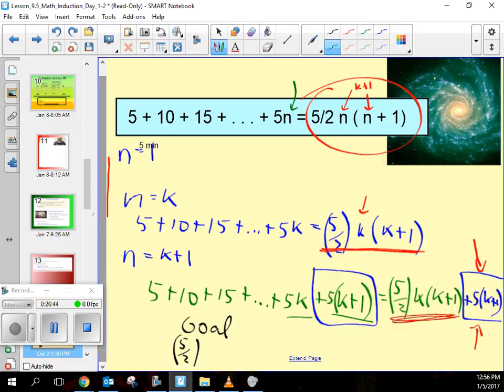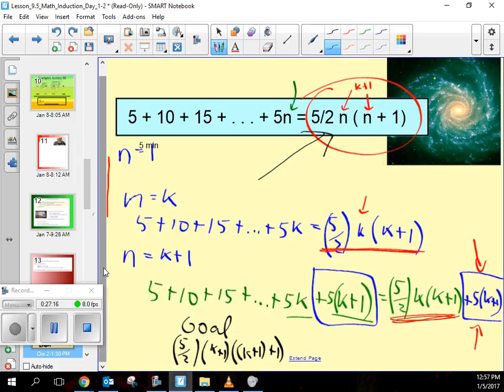I'm going to replace my n with a k plus 1 and my other n with another k plus 1. That is this copied, except the n's are replaced with k plus 1s. That's how you find your goal. You take your original statement, you stick k plus 1s in it.